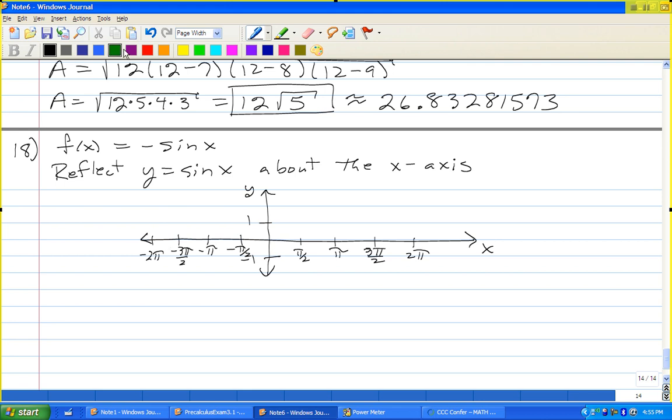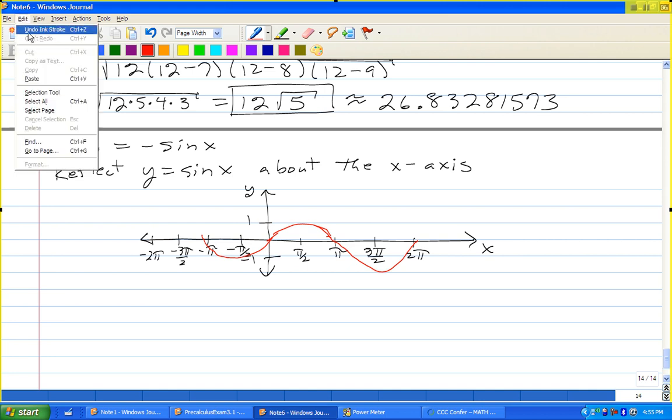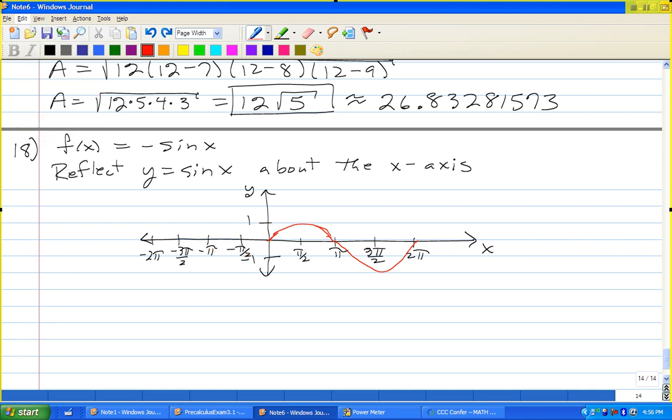Okay, so sine looks like this. Something like that.